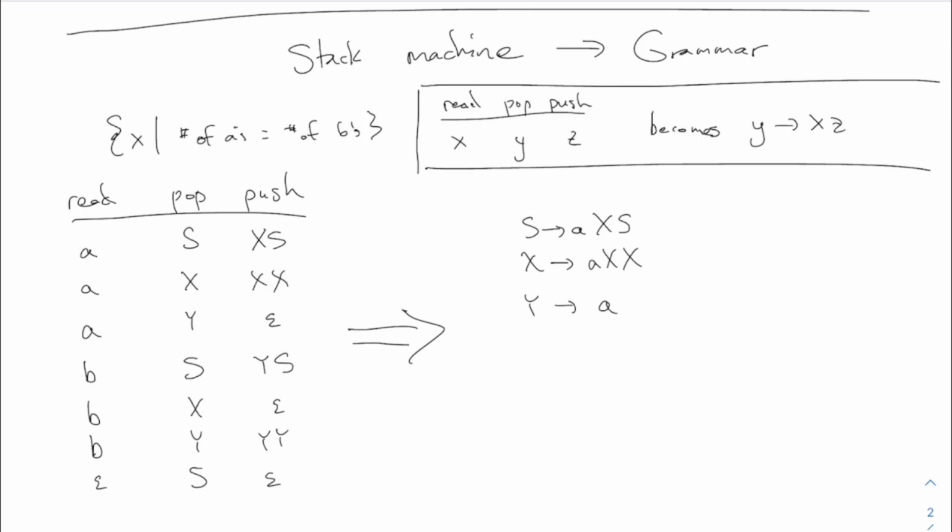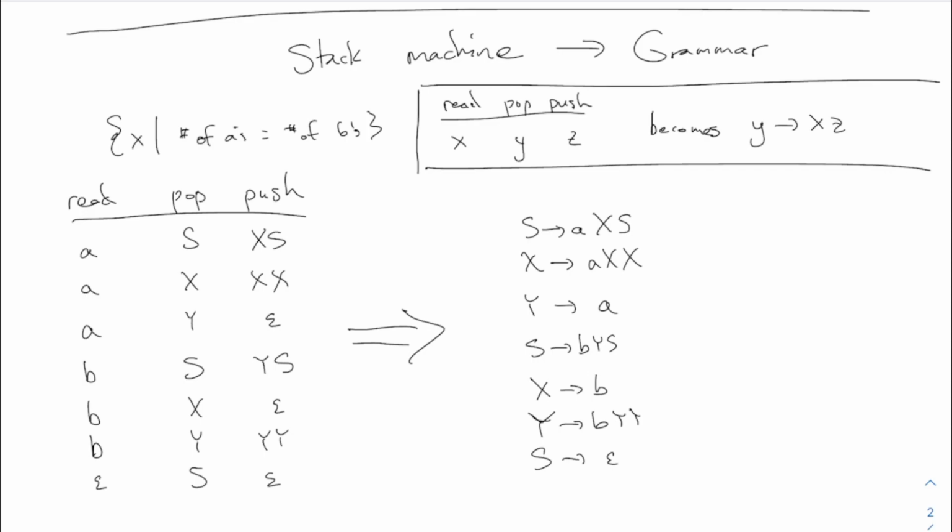Y goes to A, that's A followed by epsilon, but that's just A. Next one says S goes to BYS, X goes to B, Y goes to BYY, and finally S goes to epsilon. All right, and that is the grammar. Sorry, those Y's look kind of like T's. There's no T's. They're all Y's. All right, that's it. This is how you do it.